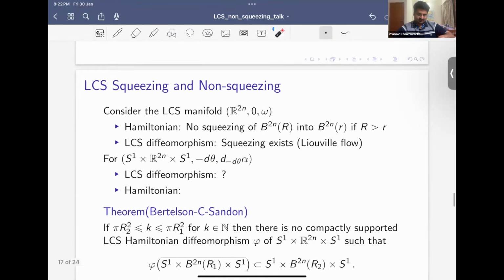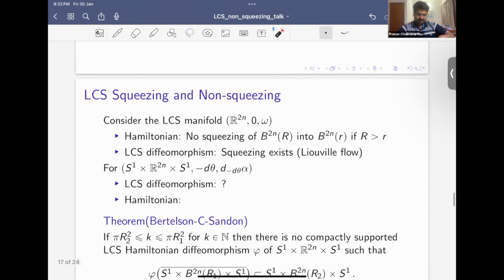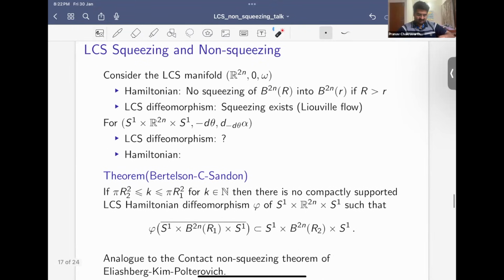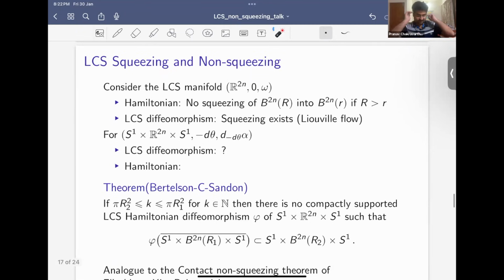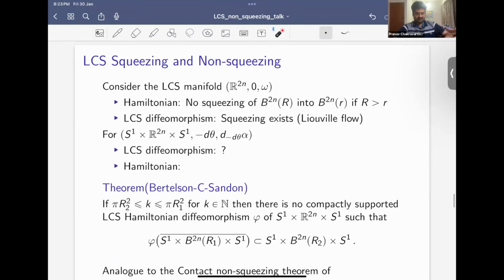Okay, so this is the last part of the talk, where we're going to see how to use all these constructions to prove the non-squeezing theorem. As I remarked in the beginning, LCS manifolds for which your Lee form has no zeros mimic contact manifolds.